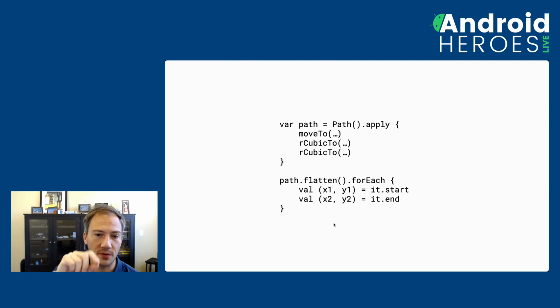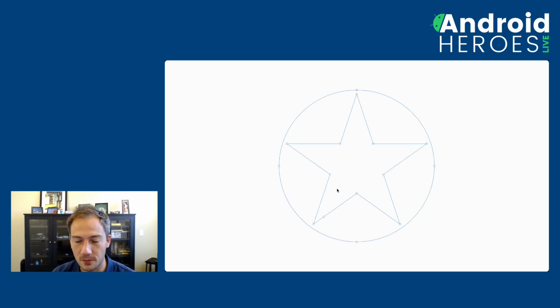Let's say you want to move something along a path, or you want to compute the length of a path. Well, that's how you can do it. You can flatten the path with whatever flatness you want. Then you will get a bunch of lines, and animating or moving something along a line is very trivial, much easier than trying to solve the cubic and quadratic equations of the path. So this is a method that can prove useful.